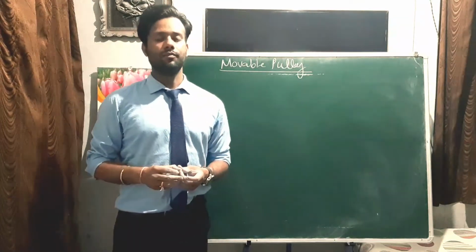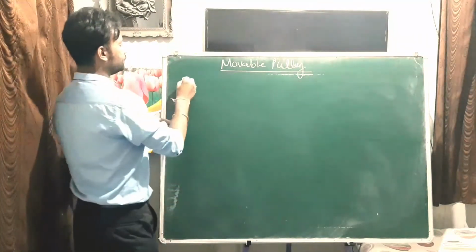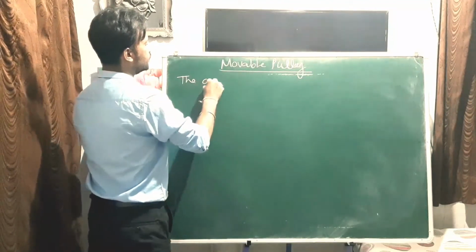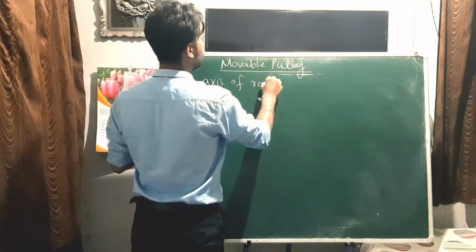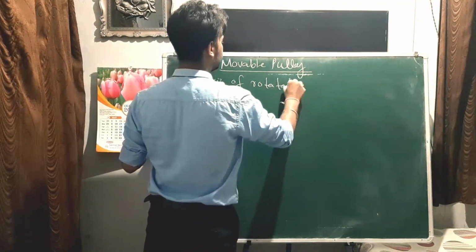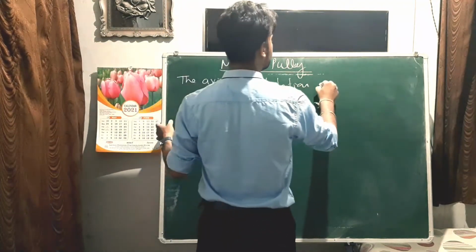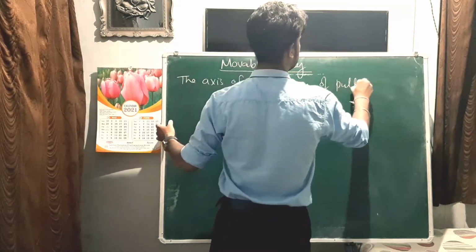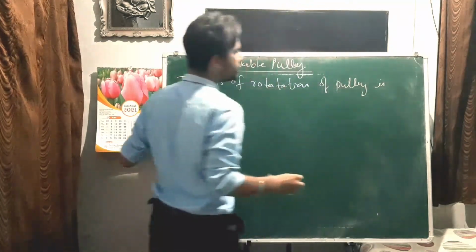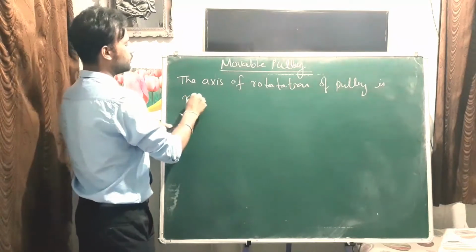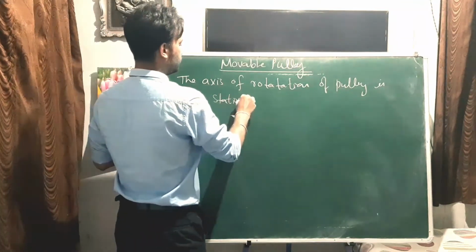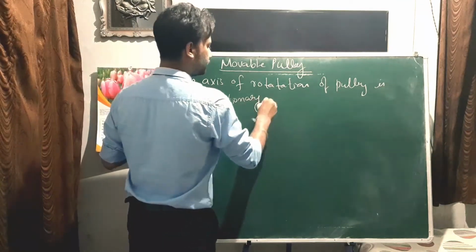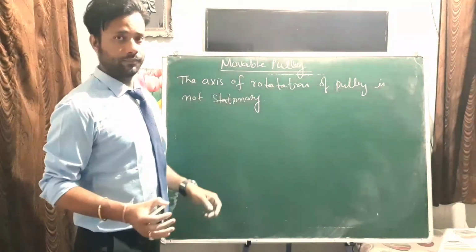It is movable. So in this case, the axis of rotation of the pulley is not stationary. It is in motion, right?